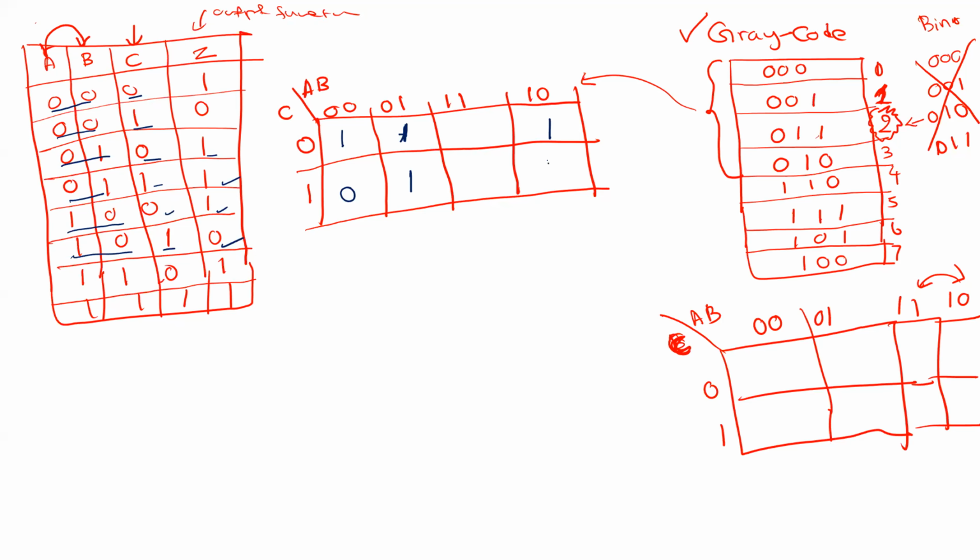And here 1 1 0 means 1. 1 1 1 means 1. Okay. Right.